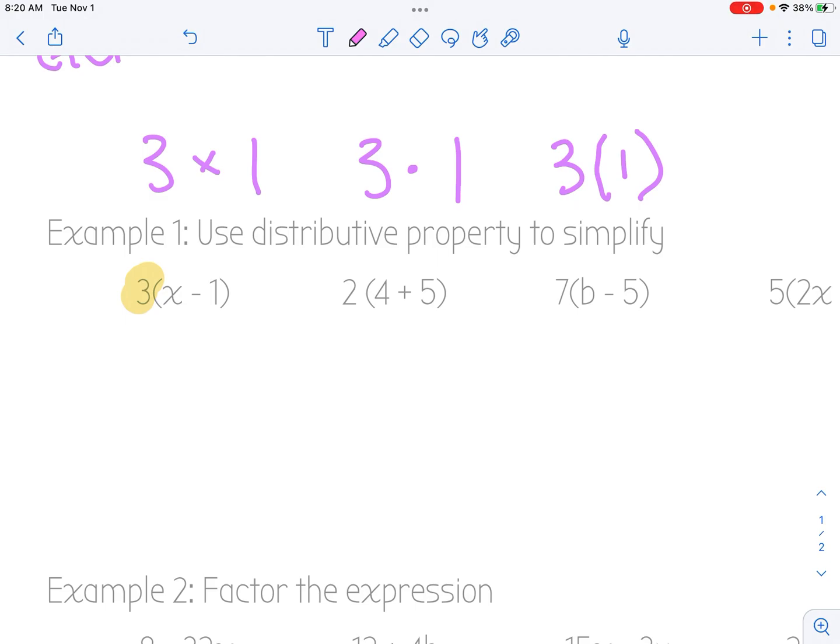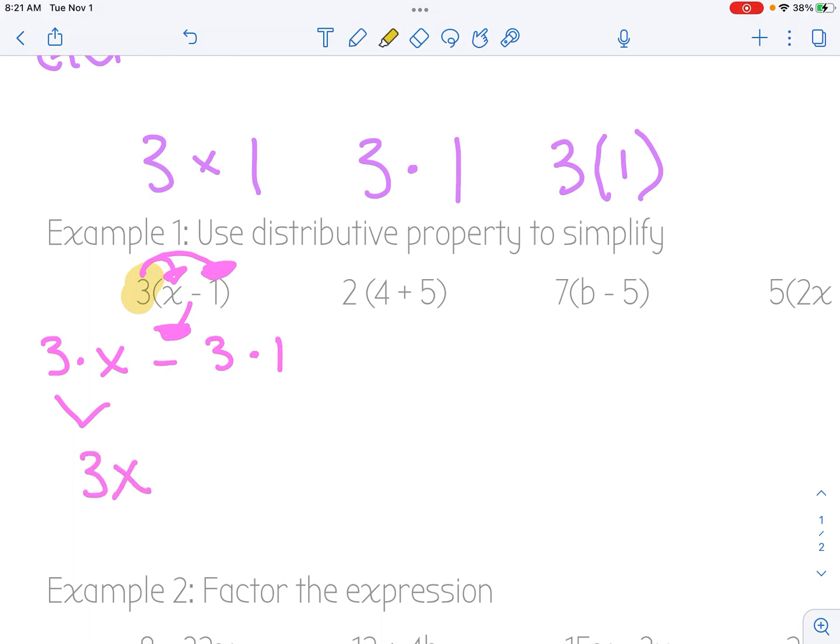So we're going to distribute or give away the 3 to the x, and we're going to distribute or give away the 3 to the 1. And we're going to use this by multiplying. So we have 3 times x, and we have 3 times 1. I'm going to go ahead and keep that sign that was between them, which was a minus sign. And now, anytime you're multiplying a whole number by a variable, you can just put those together as 3x.